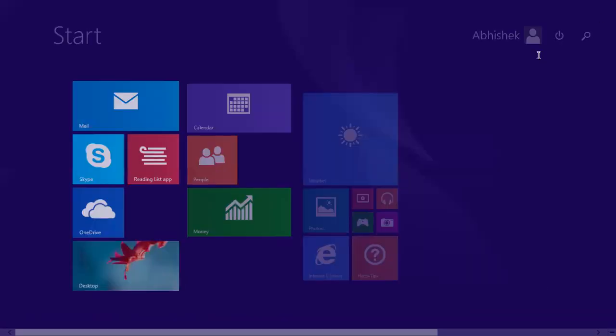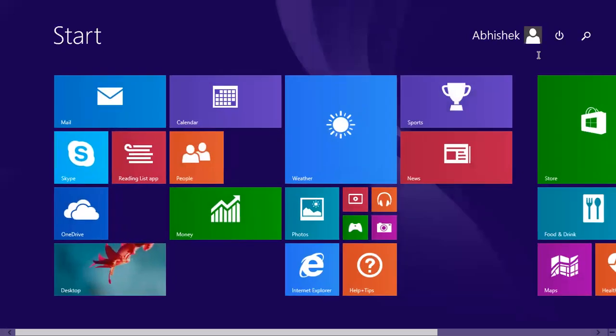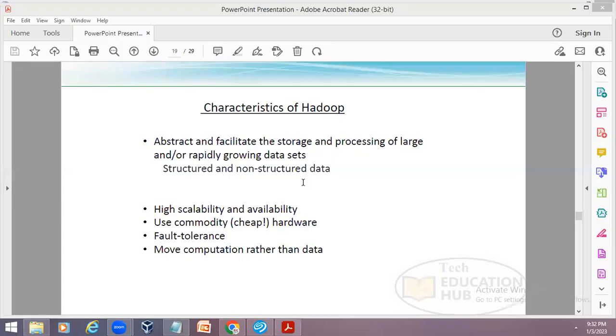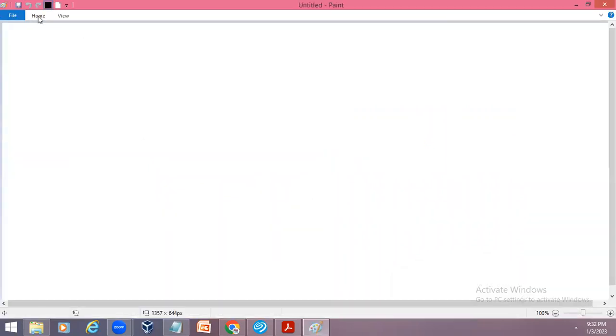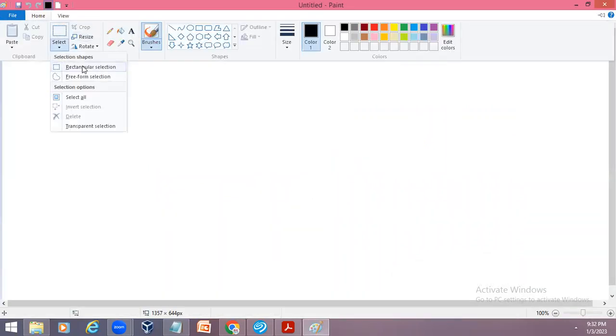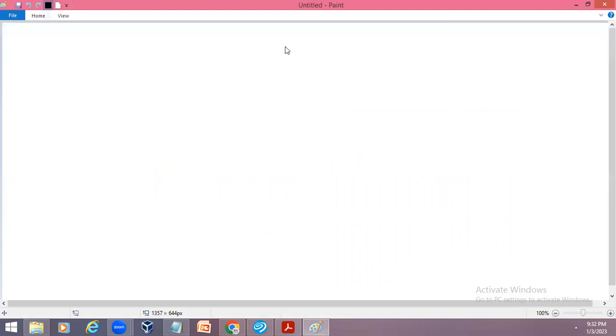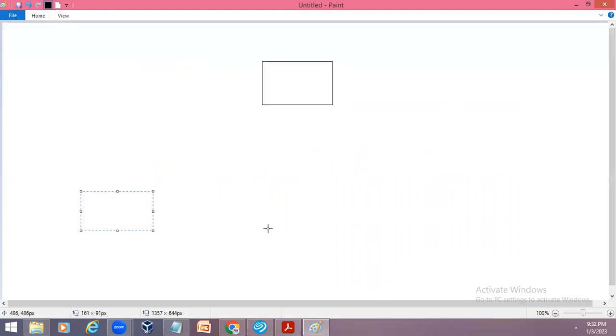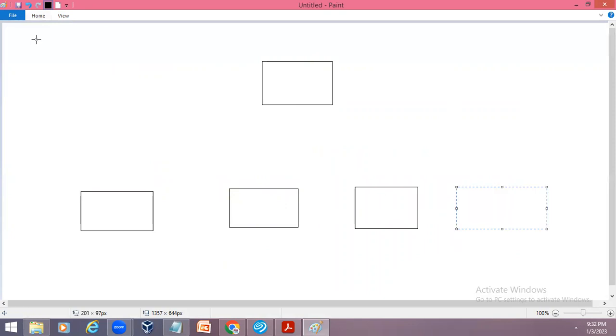Okay, let me create a diagram for you. I'm creating the same cluster. This is my master node. I have 4 data or slave nodes.